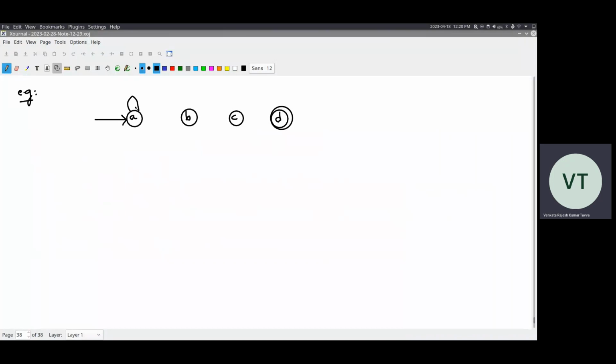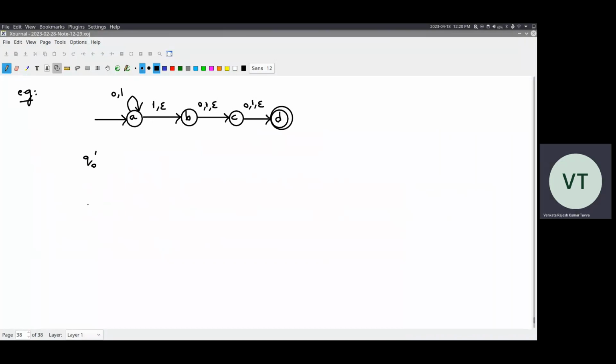And okay. So can anyone tell me what will be Q naught dash?